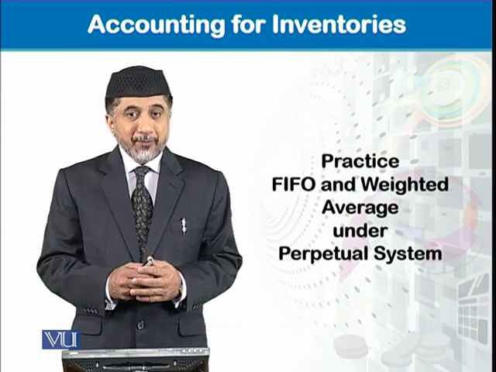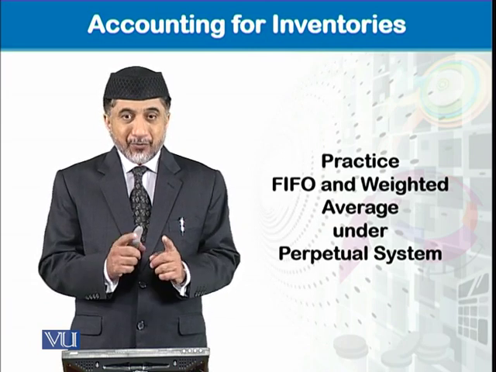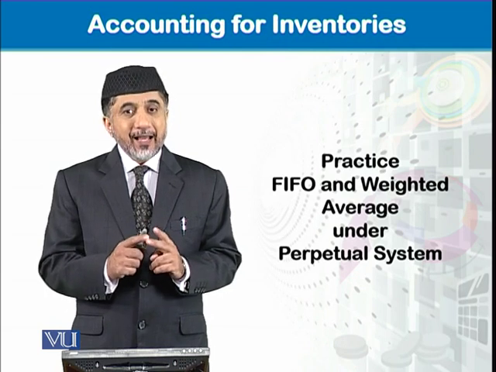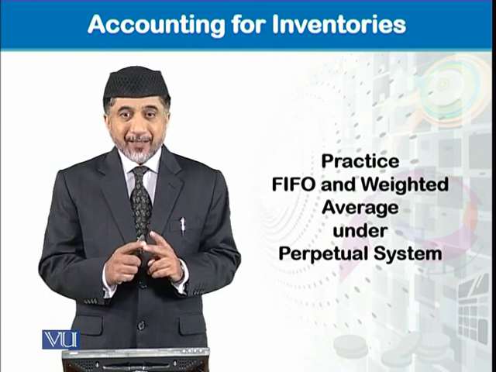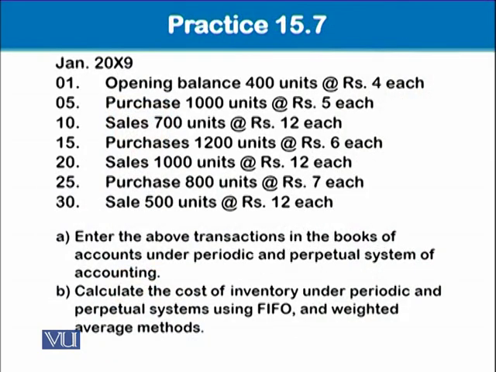If you do remember, we worked out the cost of inventory under the first in, first out method and weighted average method using the periodic system. So in this module, the practice question would remain the same and our focus would be on the perpetual system.